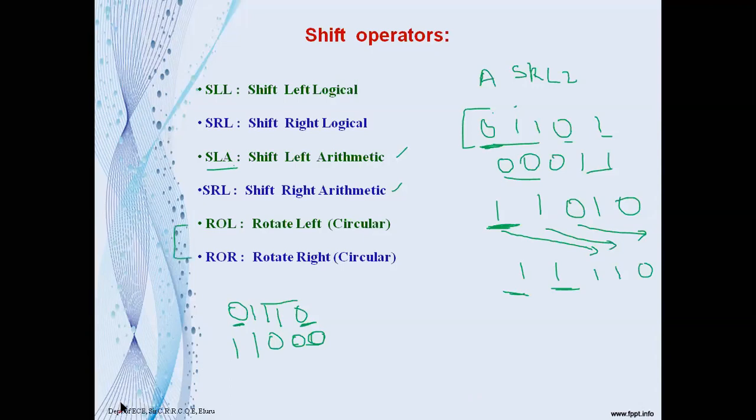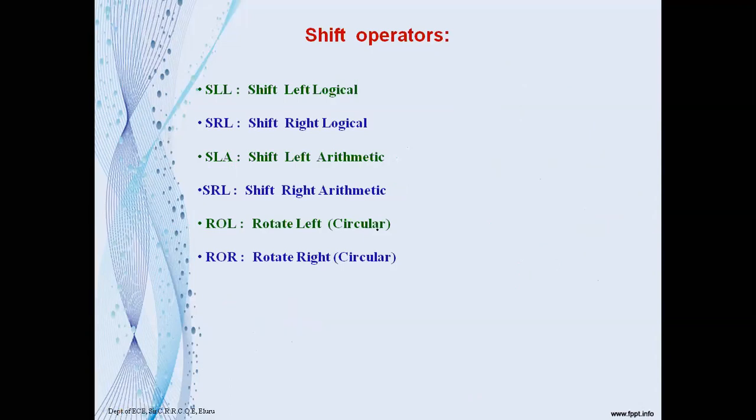Rotate, you can easily understand the rotate operations. As a hint you can see here, circular, so the bits will be rotated in the circular form. For example you have a value of 10111. Now you are performing the operation rotate left by 2, ROL by 2, so 2 times you are rotating the bits.